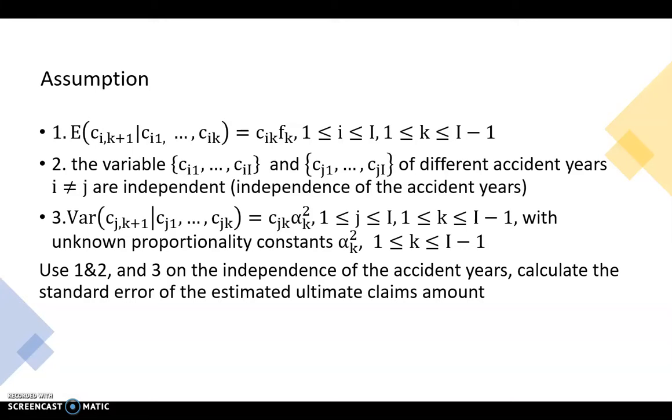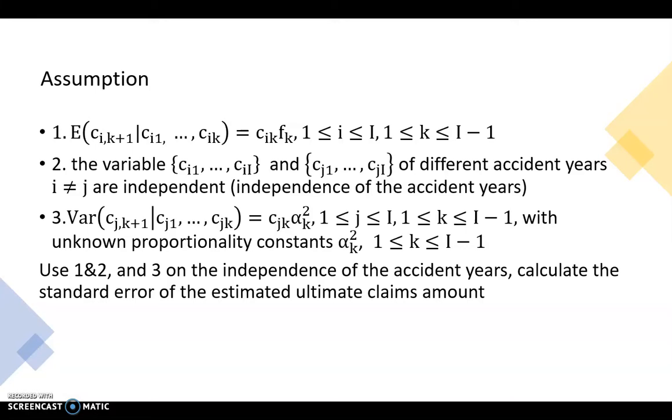The first one is the expectation value of C_i,k+1. It is calculated by C_ik multiplied by f_k. And actually this is a conditional expectation, knowing all other historical data.